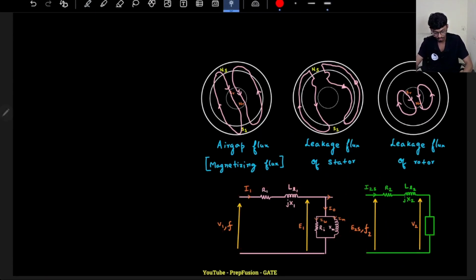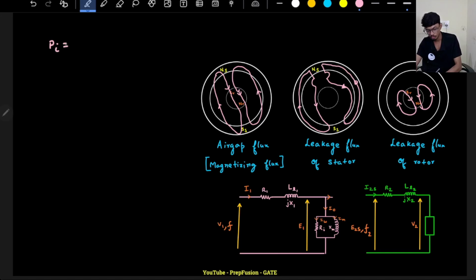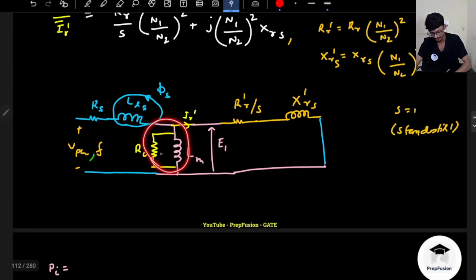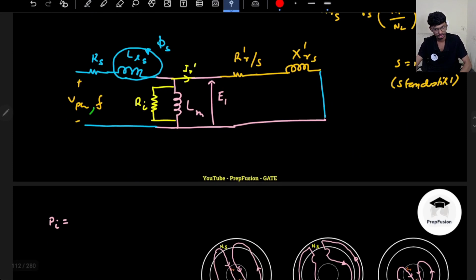Now one important fact to note here is the losses. How do I find out the losses? So I know the iron loss, Pi, overall iron loss. What is the voltage across this element? E1 divided by Ri. So that will give me the iron loss.